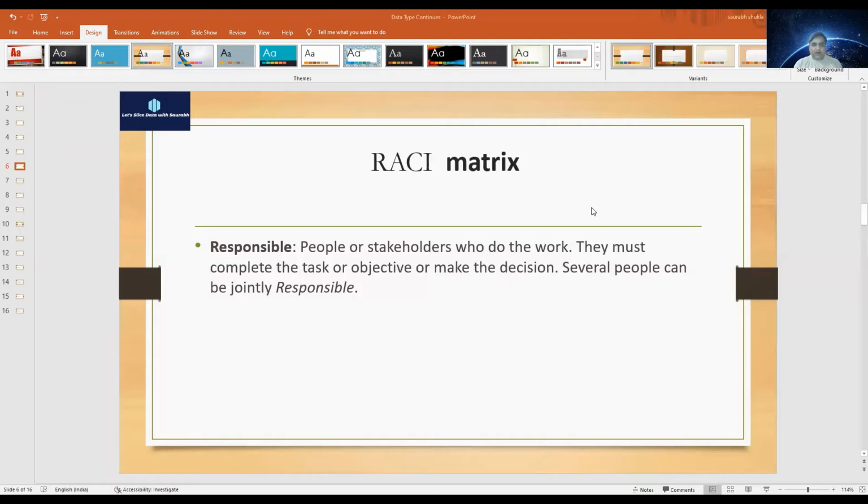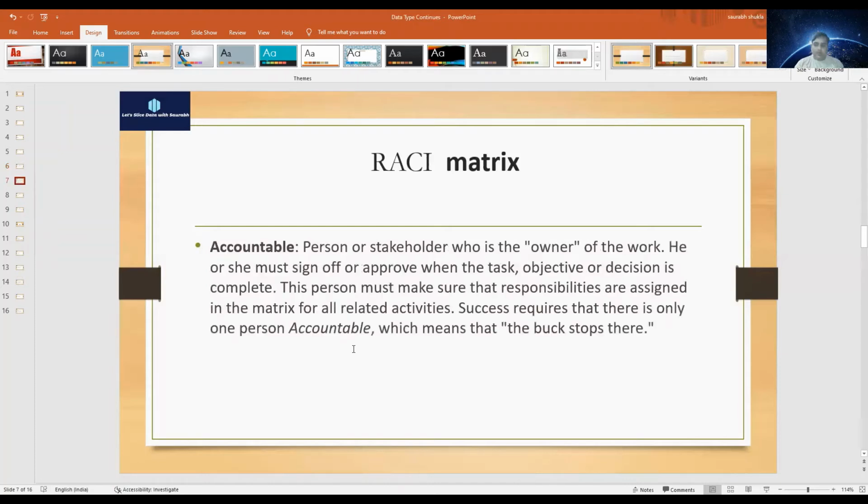The next part is A. What is A? A means Accountable. Everybody is responsible. Say the project went wrong, everything has gone wrong. But when you come to pinpointing someone who is the owner of that particular work, who is responsible for the data cleanup activities, that analyst, that consultant is accountable. Responsible, everybody.